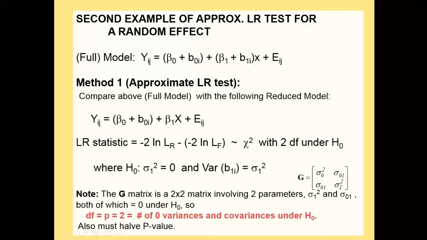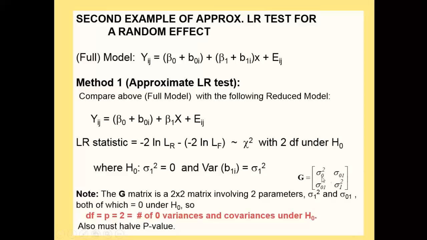And I'm assuming that B0I and B1I are normally distributed with certain means and certain variances, but not necessarily the same variance, and that maybe they're independent, maybe they're not. In fact, allowing for them not to be independent gives you this G matrix. Look at this G matrix I have. What's sigma naught square?